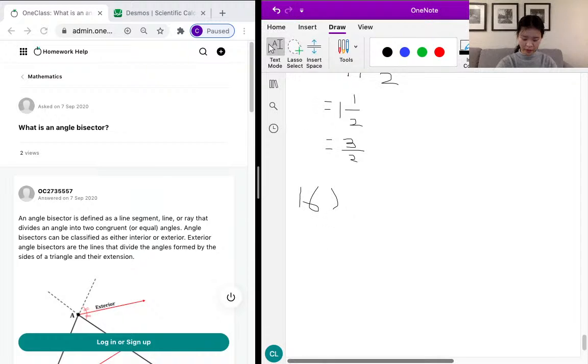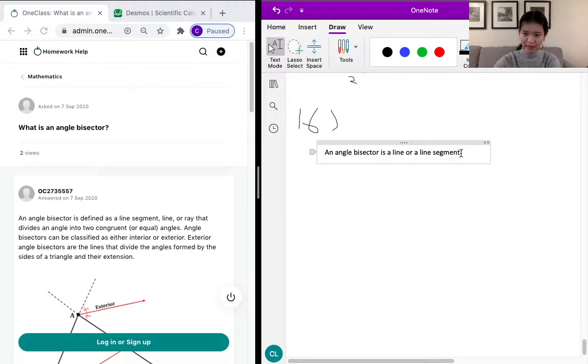Let me try to do text mode. An angle bisector is a line or a line segment or ray. I think the laptop stopped responding. Oh, perfect. Angle bisector is a line or a line segment or a ray. But I don't really like the word ray because I also do some physics.